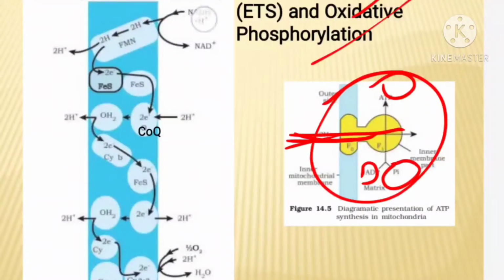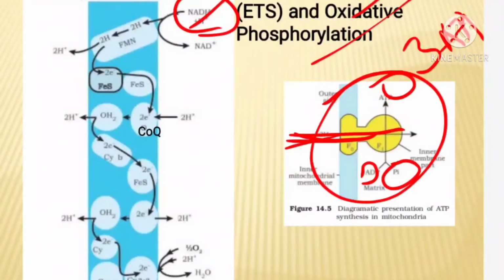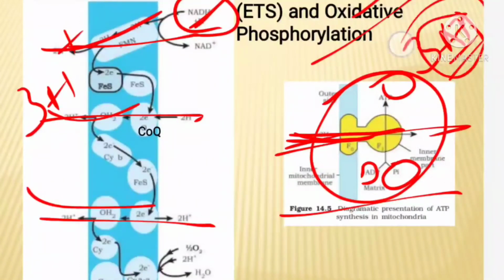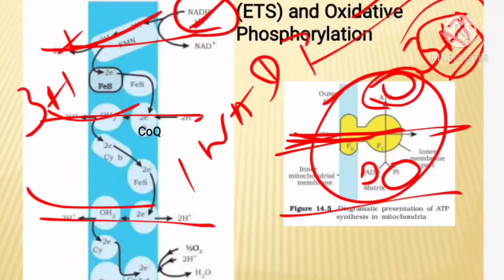When one NADH2 is broken down, how many ATP is produced? 3 ATP. So, 1 NADH2 is equivalent to 3 ATP. You can understand why? Because when 1 NADH2 is converted to NAD, 3 hydrogen are pumped. When these 3 hydrogen come out, 3 ATPs are produced. So, 1 NADH2 is equivalent to 3 ATP molecules, okay.